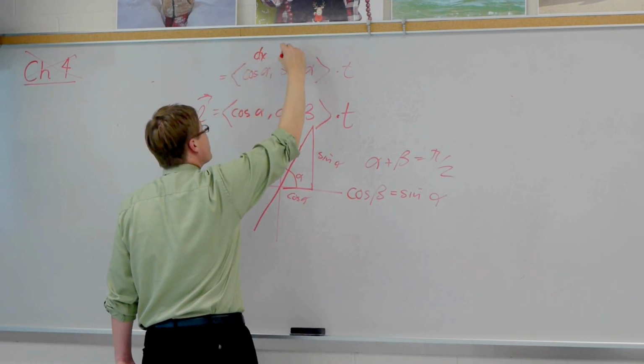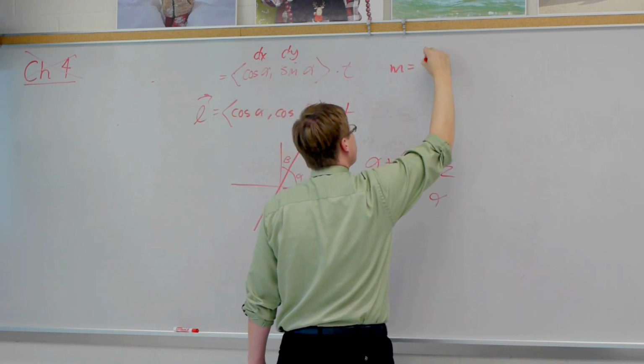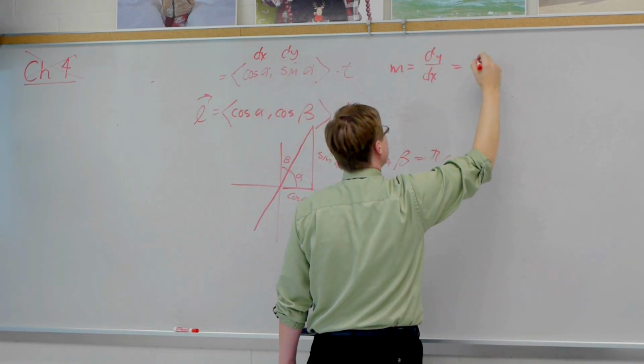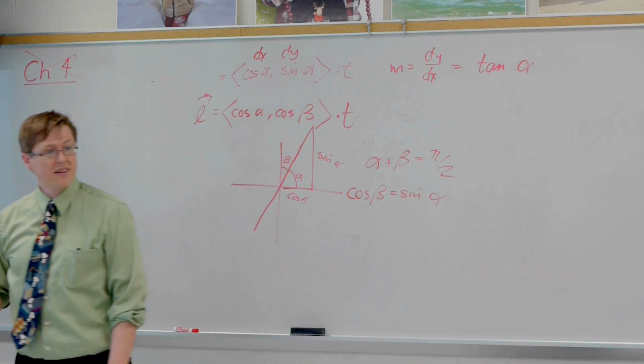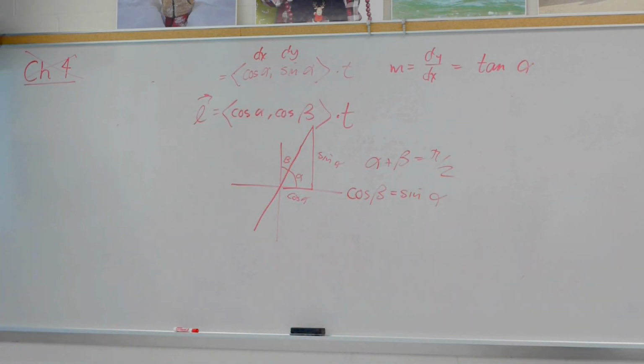And if this is dx and dy, then the slope, dy over dx, is tangent of alpha. Which recovers our original polar equation that theta is the arctangent of y over x.